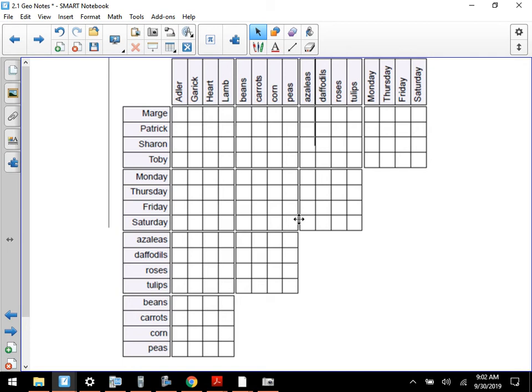So the first clue says Mr. Hart did not plan to break ground on Monday. Correct. So I know that Mr. Hart is not going on Monday. We have to figure out which one.